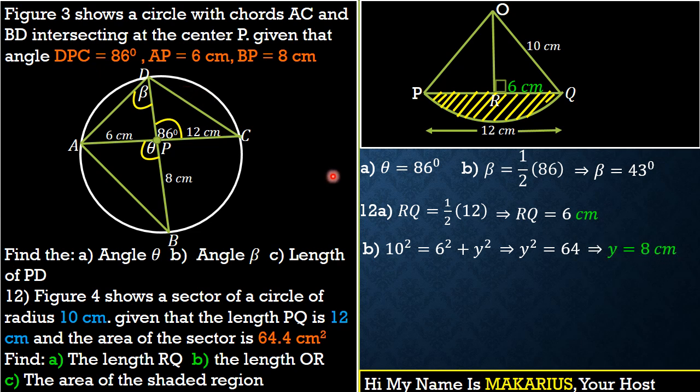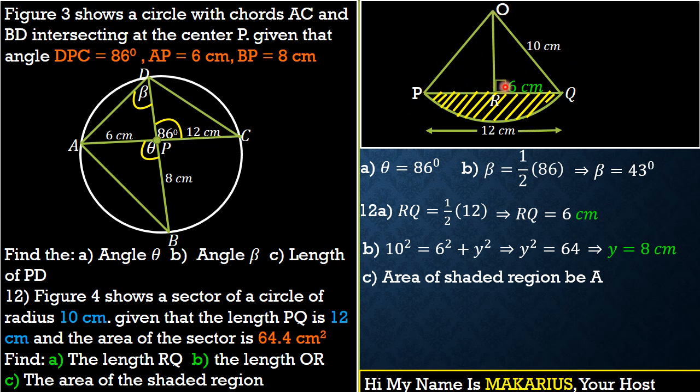Great. Now, friends, they want us to get the area of the shaded region. Let's call the area of the shaded region capital A. It therefore means that the area of the shaded region has to be the area of this entire sector minus the area of triangle POQ.